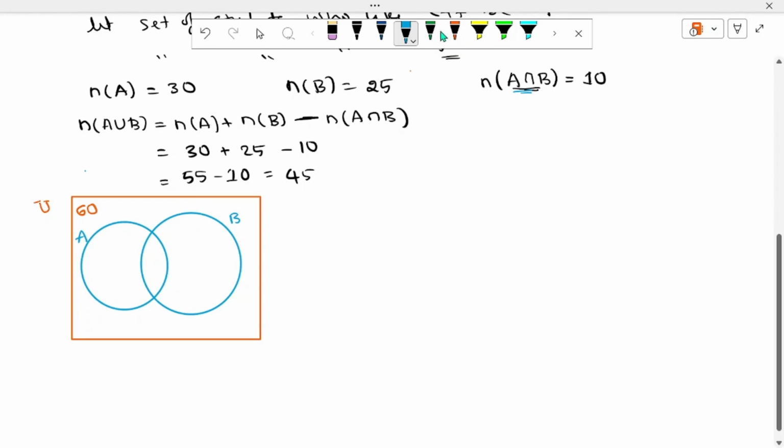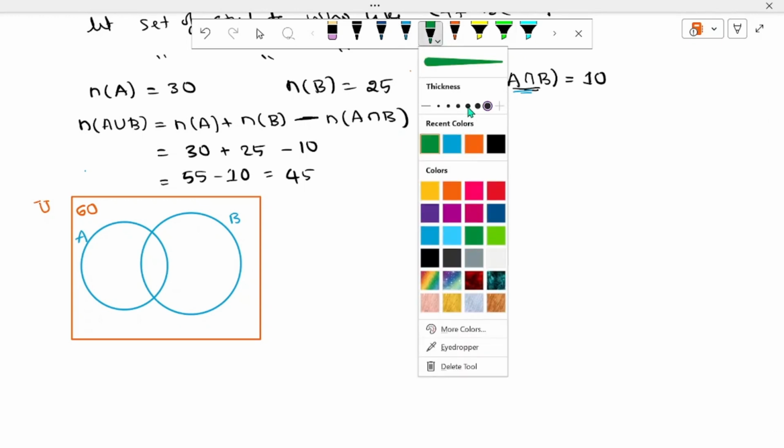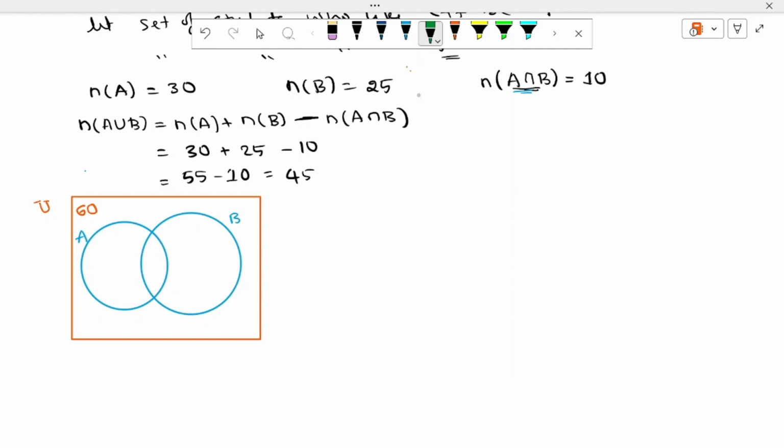Now if you try telling me the number of students in the given set, A intersection B is having 10 elements, and A is going to contain a total of 30 elements. Already I have written 10, so the remaining are 20.